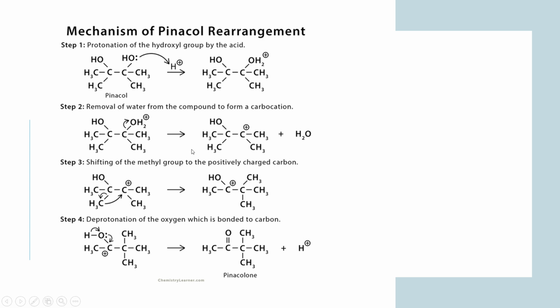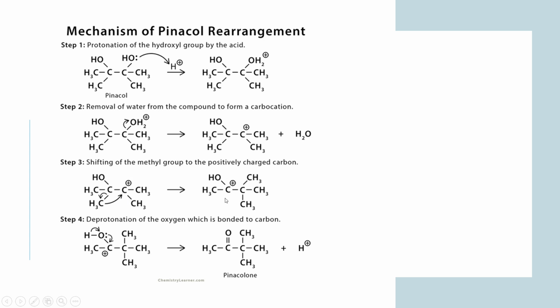And then in the next step, what happens? We get methyl group shifting, which is commonly observed in rearrangement reaction mechanisms. So here also, this methyl group from the neighboring carbon leaves, and it shifts to the carbocation center.